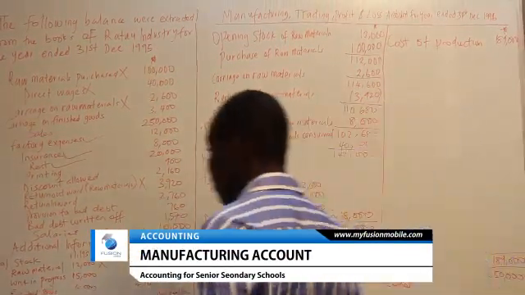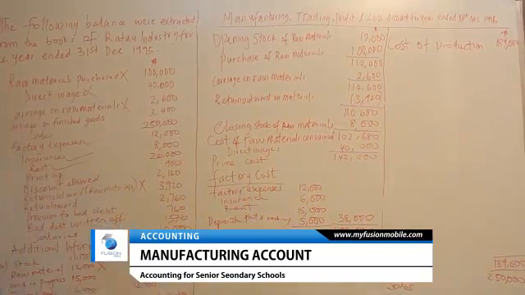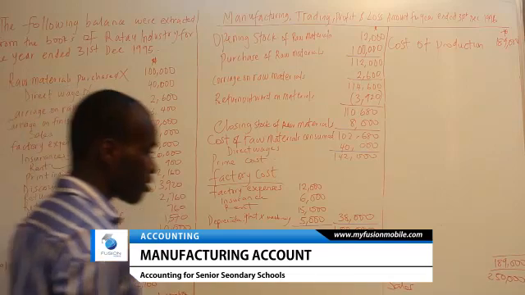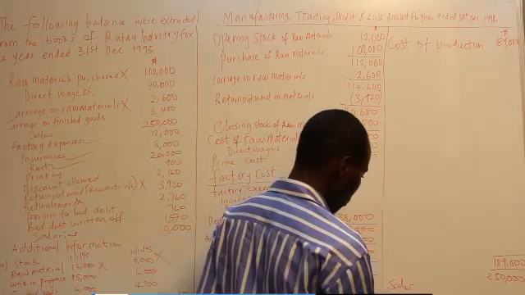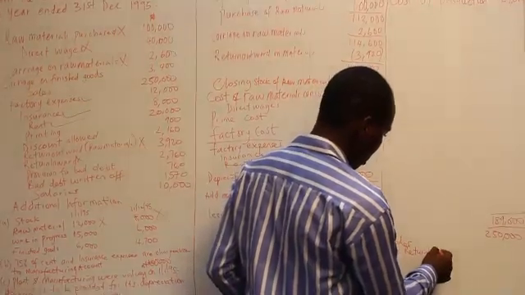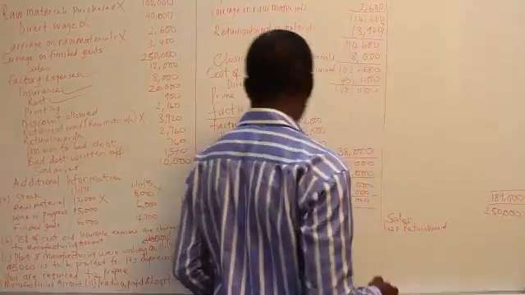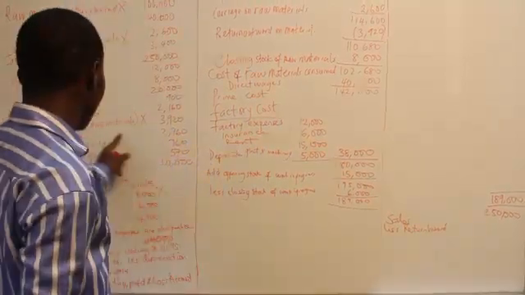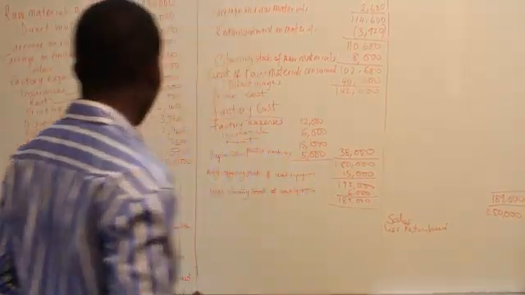Then we have returns inward, which will be deducted from the sales, which is 2,760.